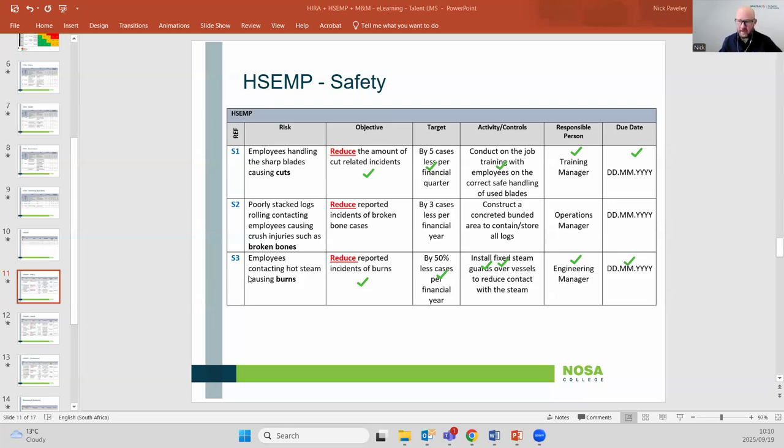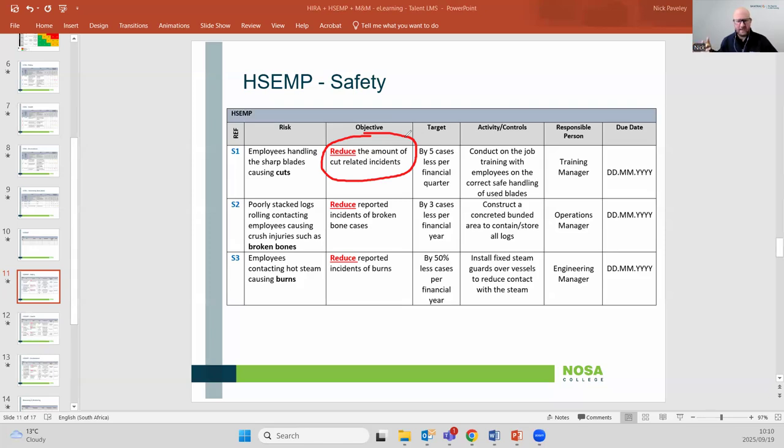If your objective, ladies and gents, let me just delete these little green ticks here. Let's just pretend for safety 1 here. Now, I've said there, reduce the amount of cut-related incidents. But let's say you go a little bit wrong in your objective and you put there, reduce the amount of broken bone cases. Hang on a second.